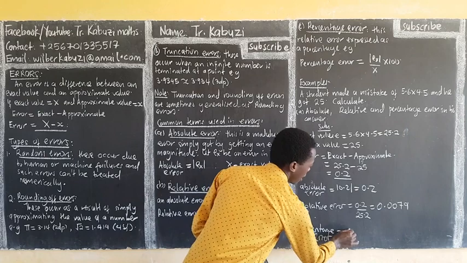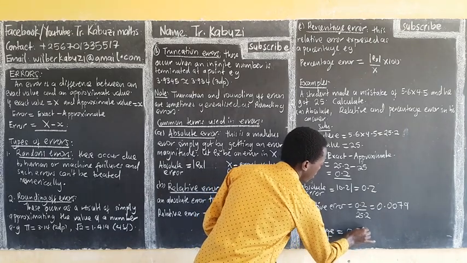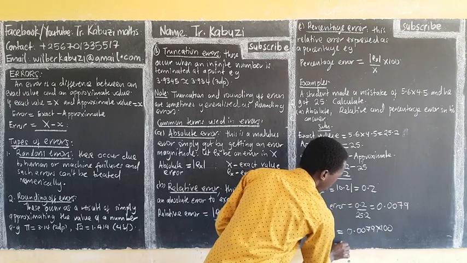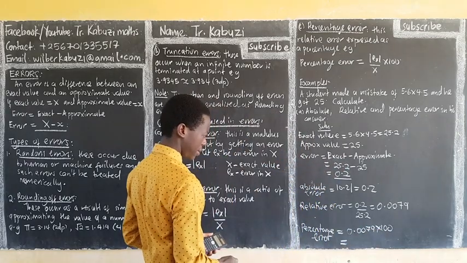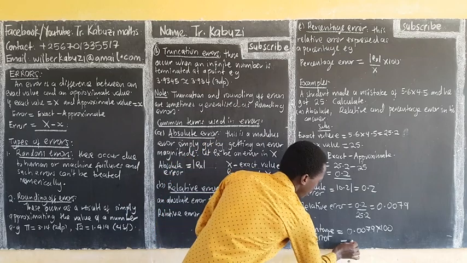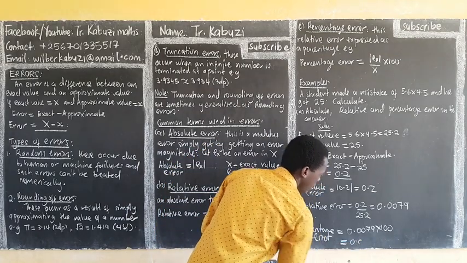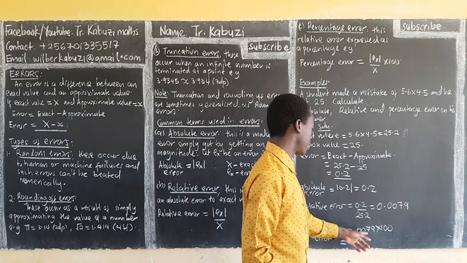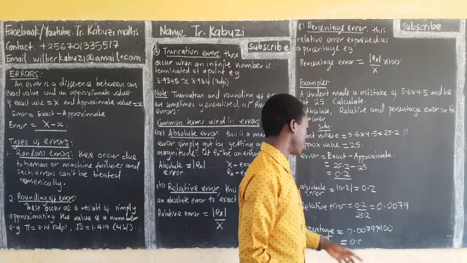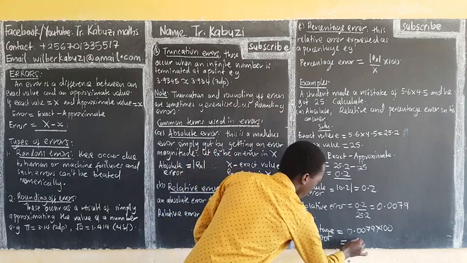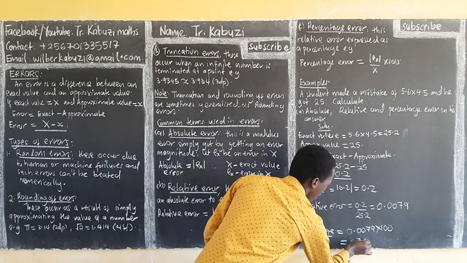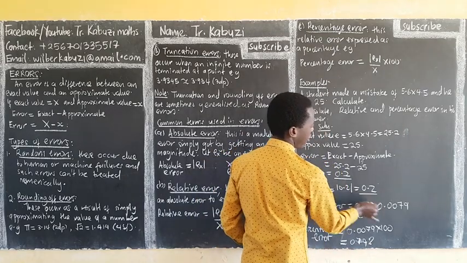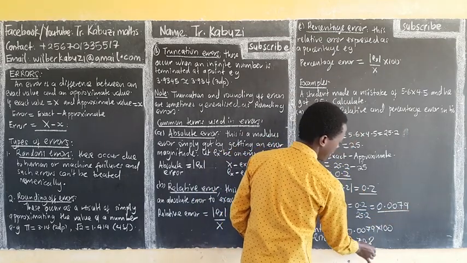So this will be 0.0079 times 100, and when you shift the decimal place two places, we have 0.79%. So that's how we get our errors in simple terms.